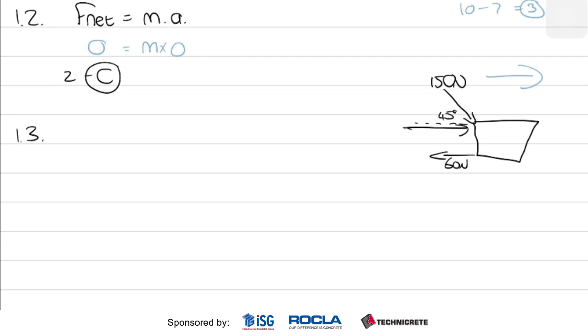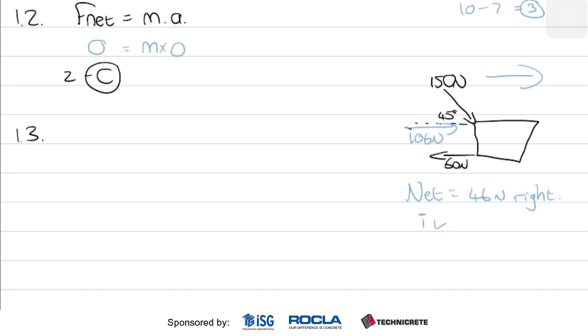Our component here would be 106 newtons to the right. So we have a net force of 106 newtons minus our 60 of friction, and you would get a force of 46 newtons to the right. Therefore, statement I, saying that the trolley is accelerating horizontally, is correct.